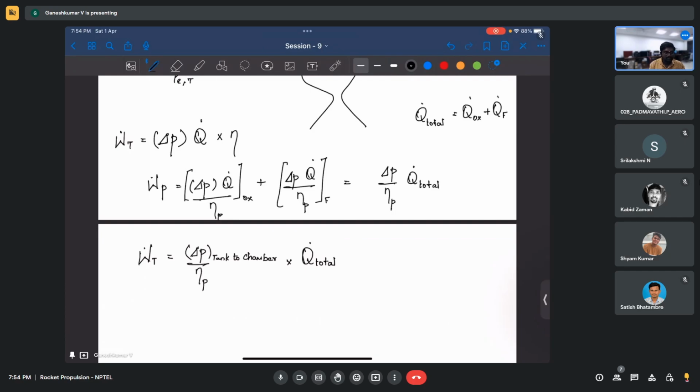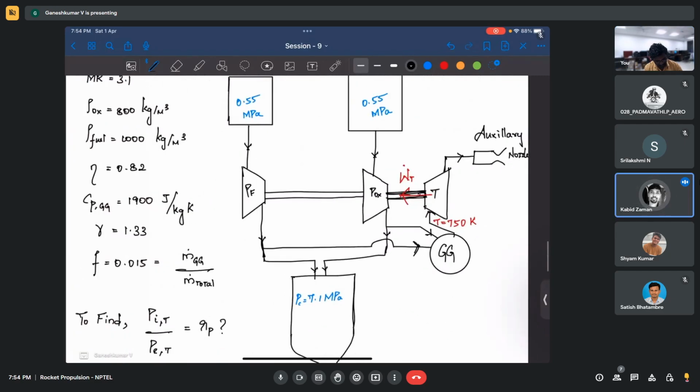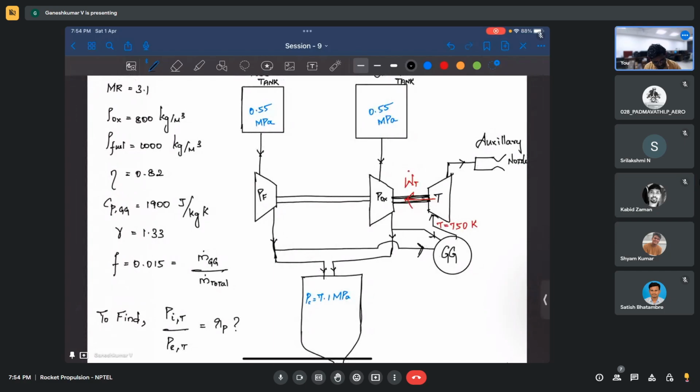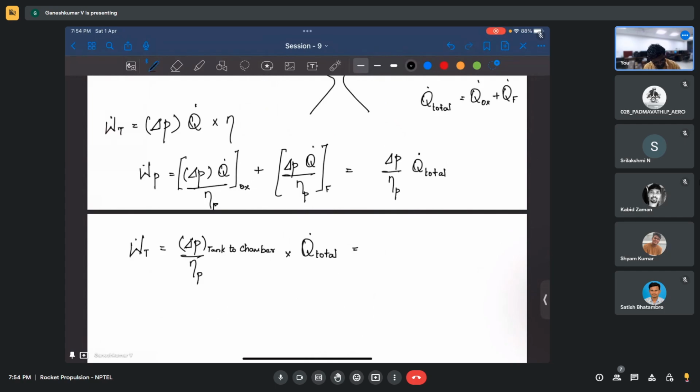Now, how does turbine get the work? This is work output of the turbine. From the thermal energy of the gas generator cycle. Exactly. So how can we write that? Can we write it like this?